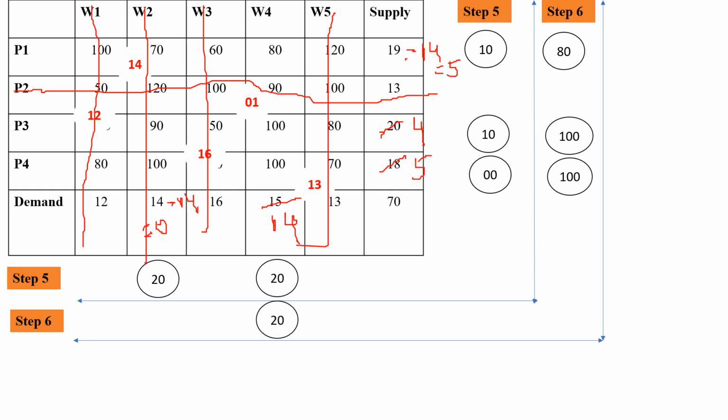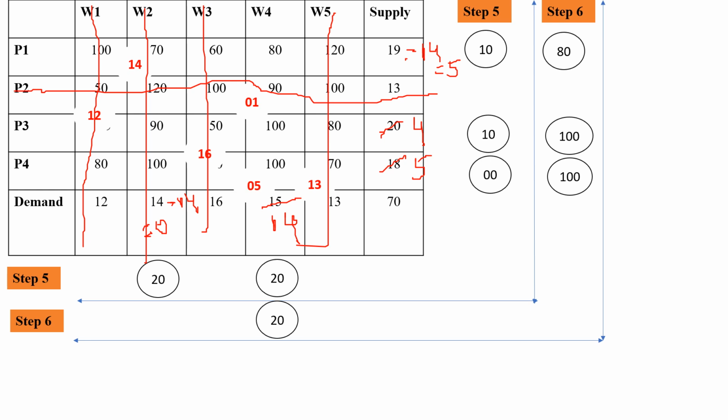First allocation should be done where the allocation is the maximum one, because here the per unit cost in both the cases is the same. Out of that, here allocation is 5, here allocation is 4, so apply 5 units first in the P4 W4 cell.